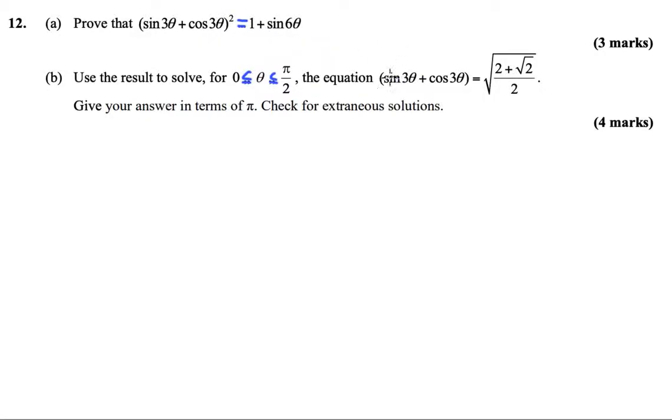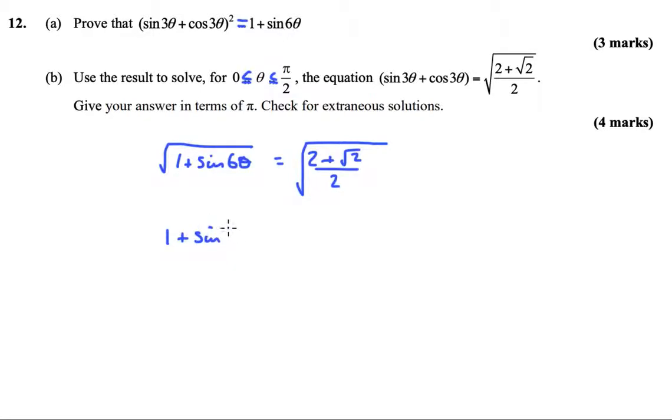So this is the square root of that. So we've got the square root of 1 plus sine 6 theta needing to equal 2 plus root 2 over 2. We can obviously get rid of the roots. We can square both sides. I'm not really sure why they put them in there in the first place.